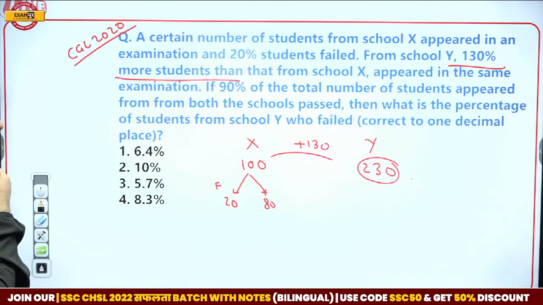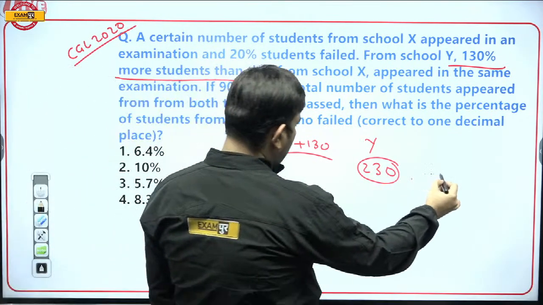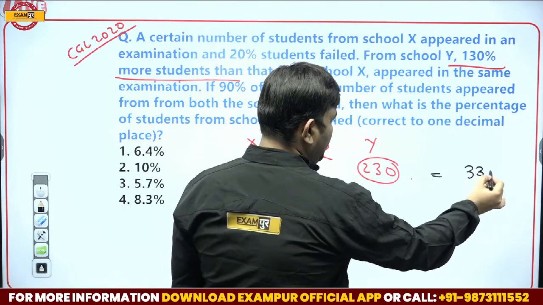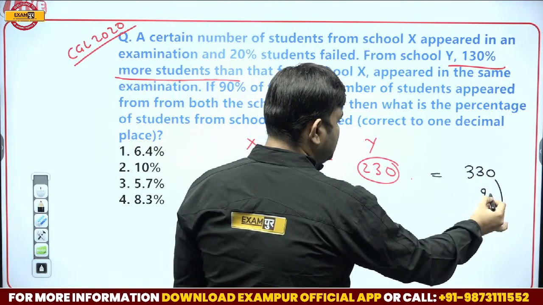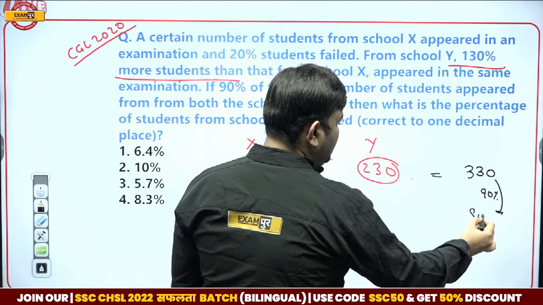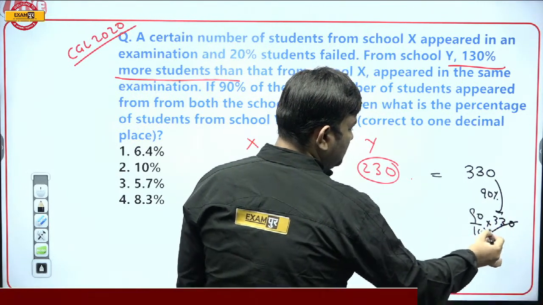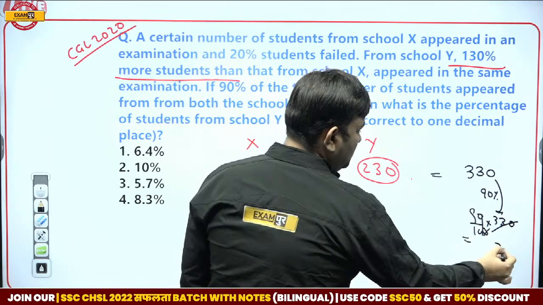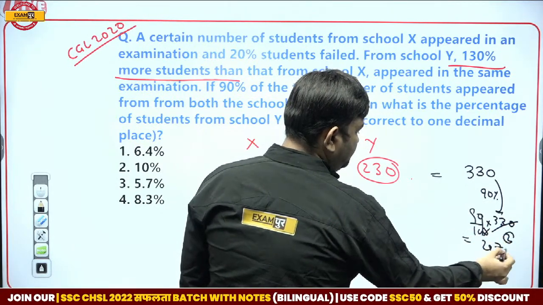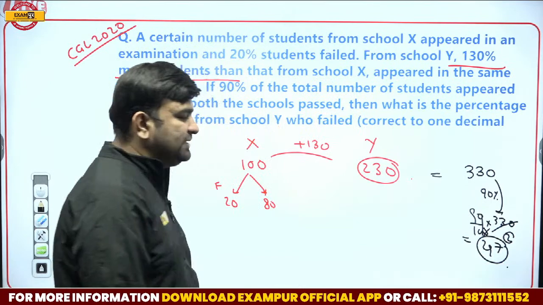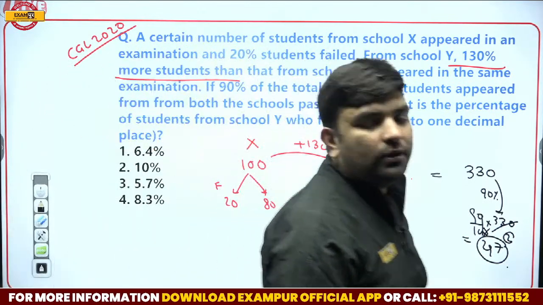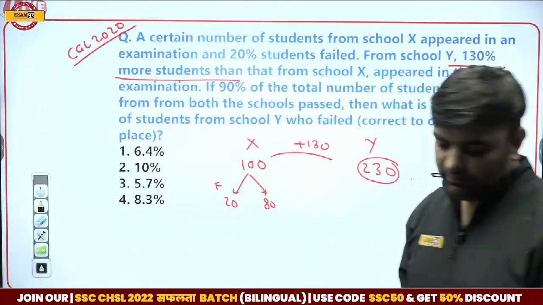If 90% of the total number of students appeared are passed, let's take the total as well. 330 is the total, and 90% of them passed. So 90 by 100 of 330 is 297.